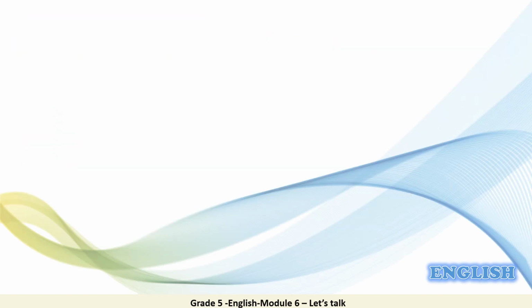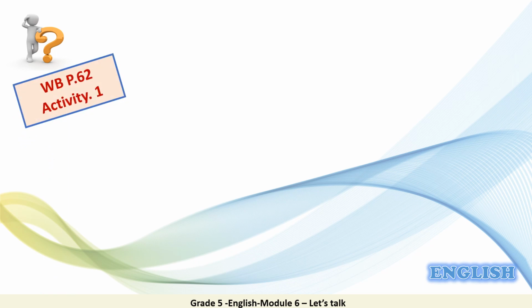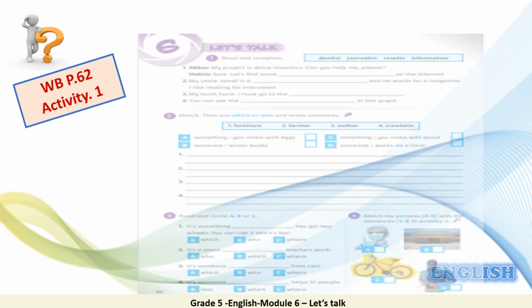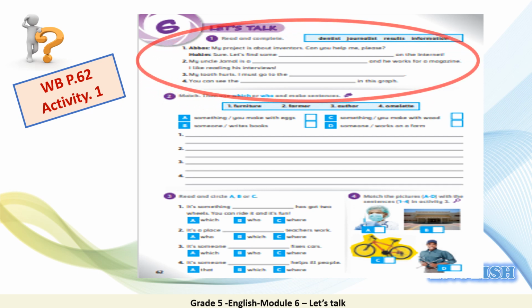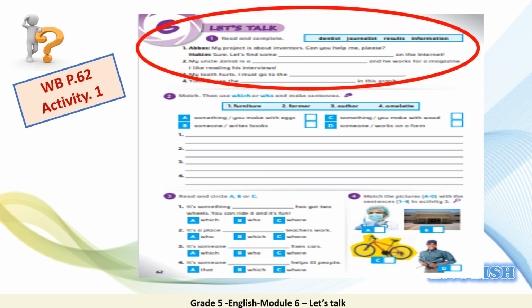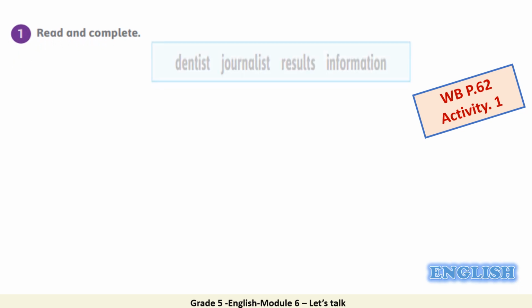Okay, everyone, let's practice more. Open your workbook, page 62, activity number 1, to check if you are done with the first objective: learn 4 new words. Read and complete.